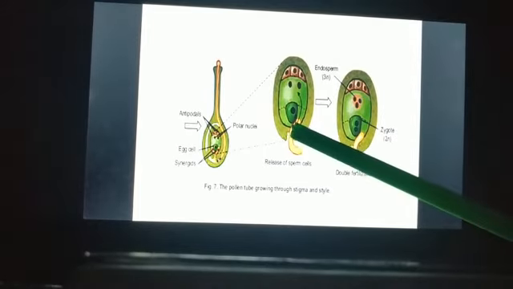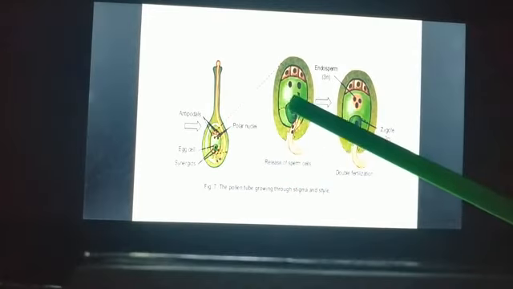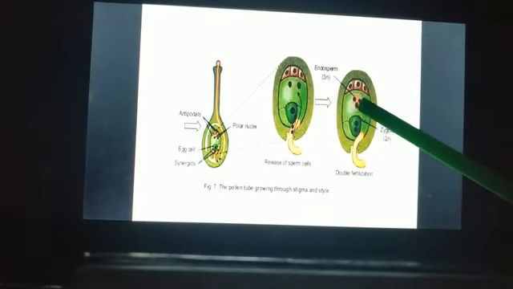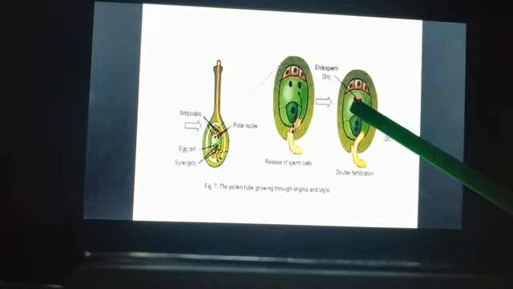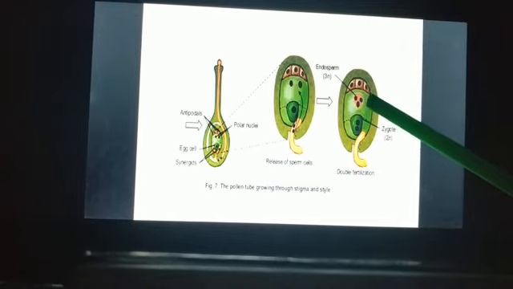See here, one sperm cell fuses with the egg cell, this middle cell, and another sperm cell fuses with the polar nuclei, the central cell, and it will form the endosperm, 3N. Since three nuclei are involved, that is why we call it triple fusion.